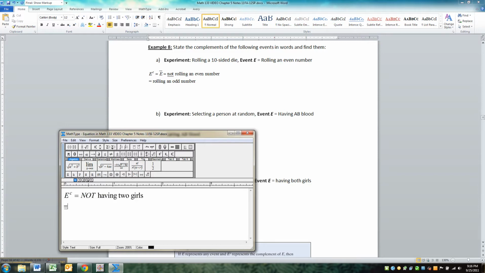If you don't have both of them being girls, that means either the first one is a boy and the second one is a girl, or the first one's a girl and the second one's a boy, or they're both boys. So if you do not have GG, then you have BG, GB, or BB, if you'll forgive the initials.